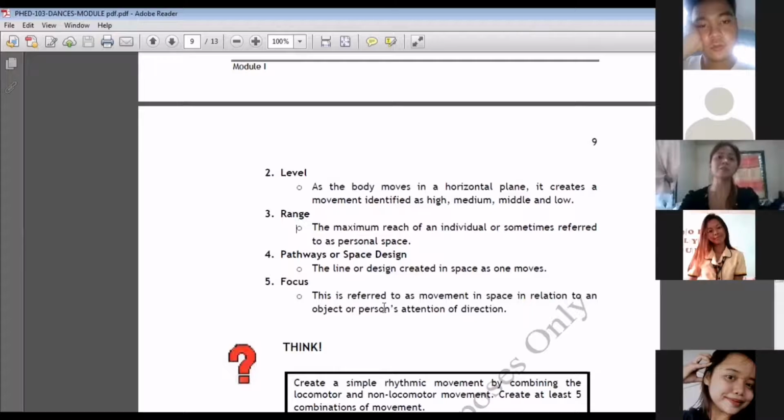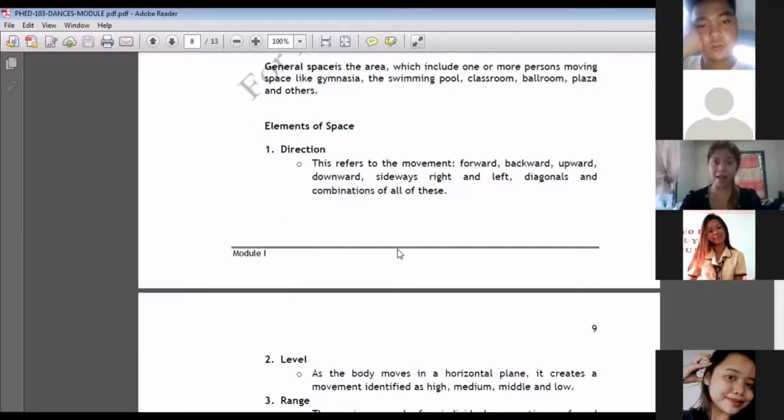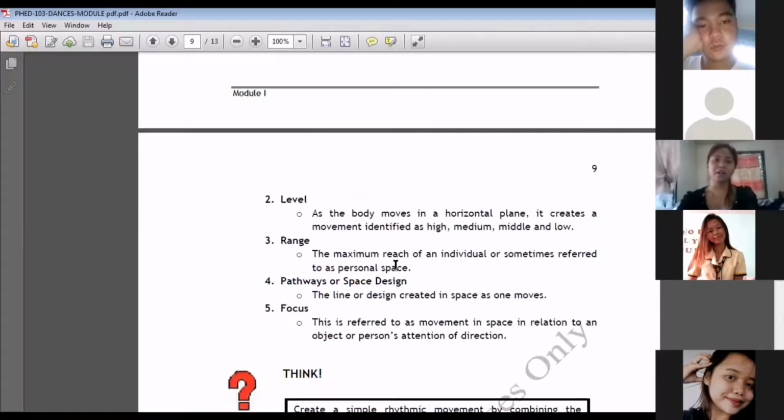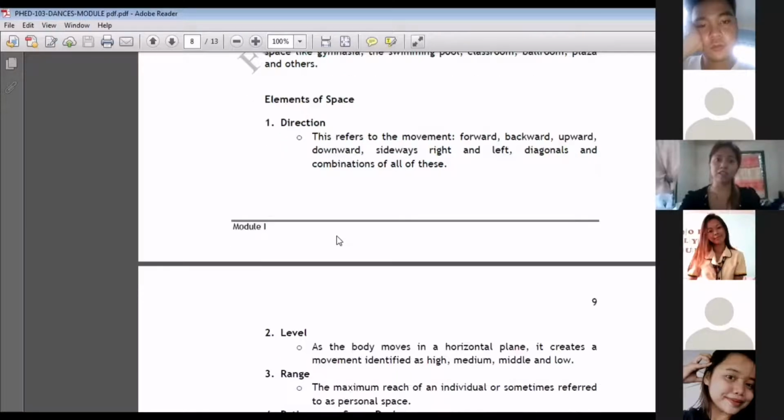Ang basic ng space design ay yung direction. Nakuha? Yun yung kumbaga, yun yung unit niya. Unit ng space design ay direction.